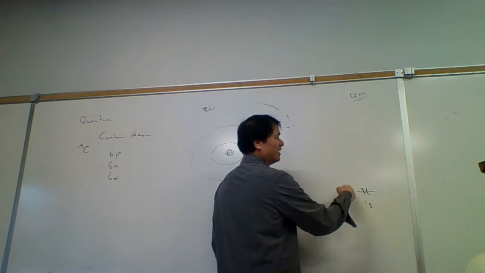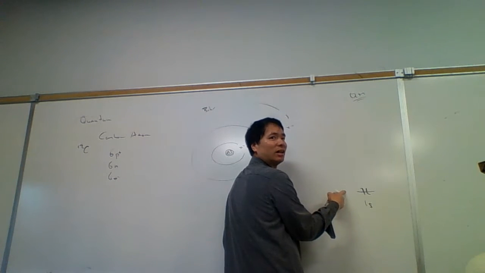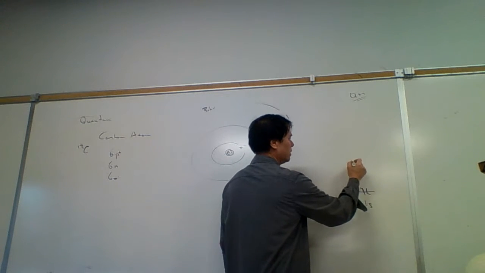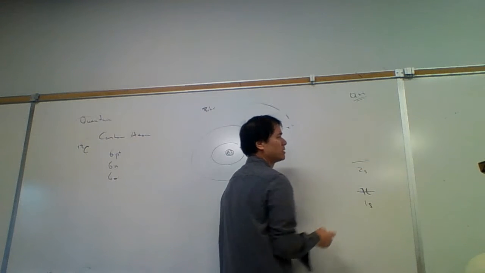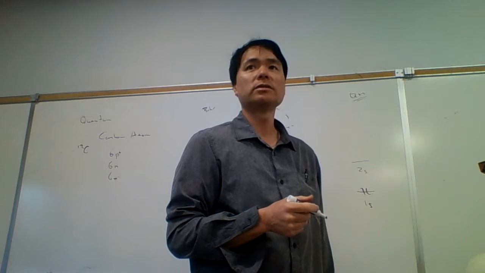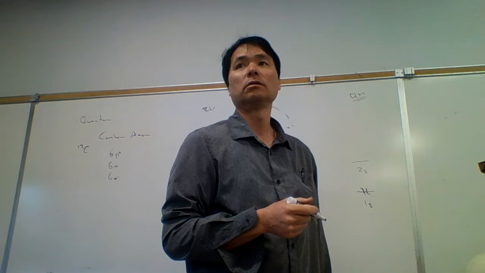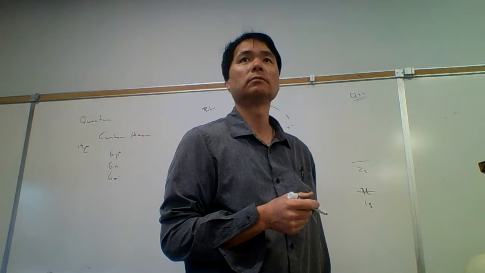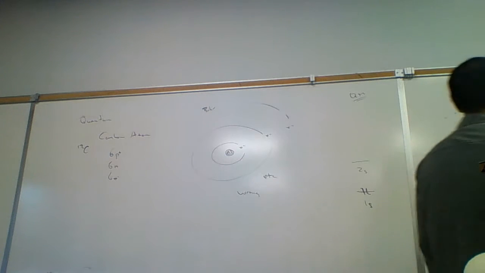After the 1s orbital, then the next allowed energy for the electrons will be the 2s. And so how does the 2s look different than the 1s? 2s is bigger or smaller? Bigger. 2s is higher in energy, bigger.